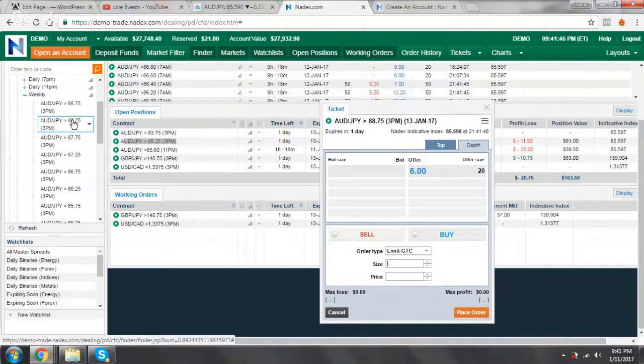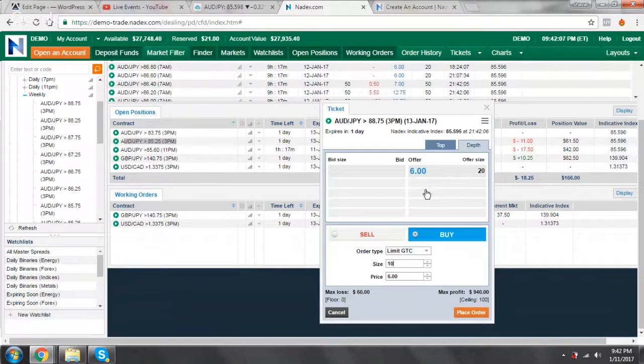You will see the price. So if it's buy, you will just click the blue. How many positions you want, you can play around with it. Depends what's in your account. Say $500 in your account, and you want to purchase 10 contracts. It would tell you your max loss or max profit. Then you click place order.